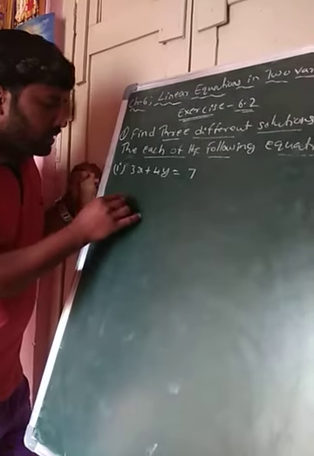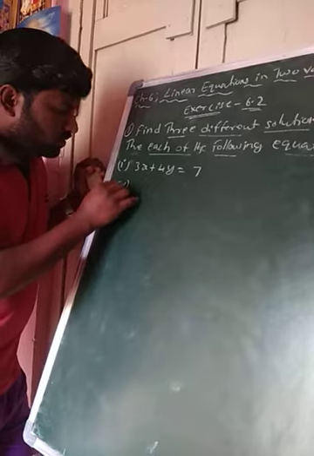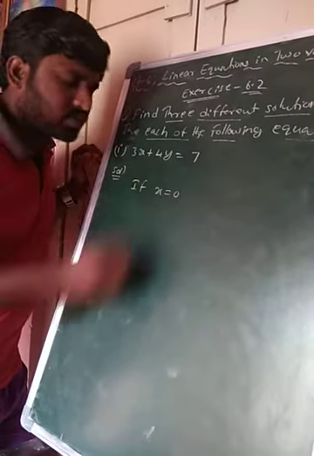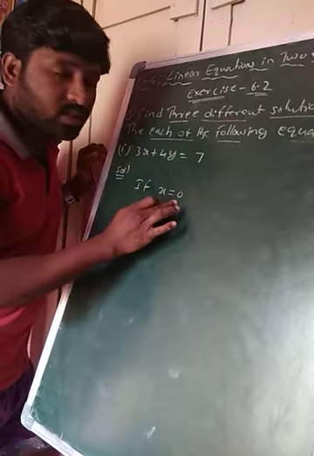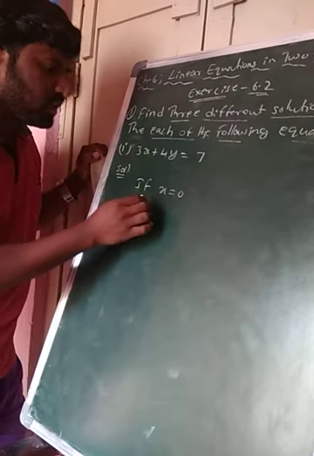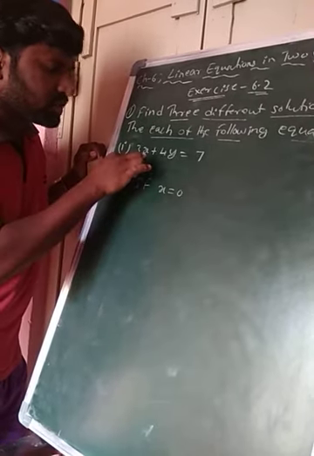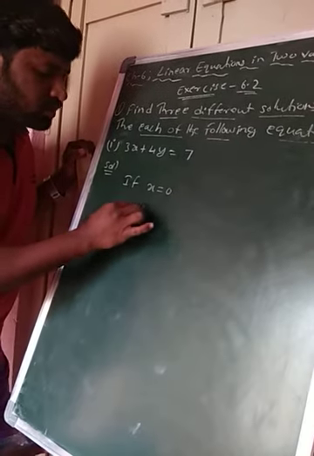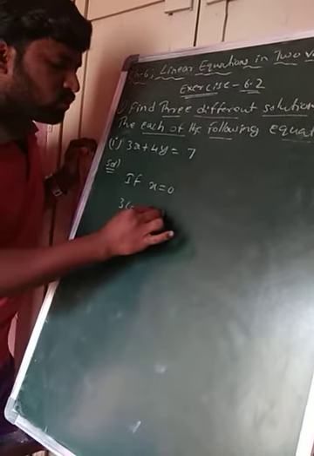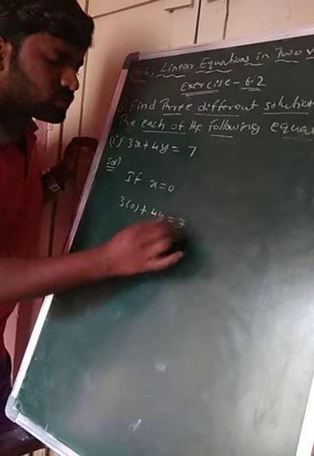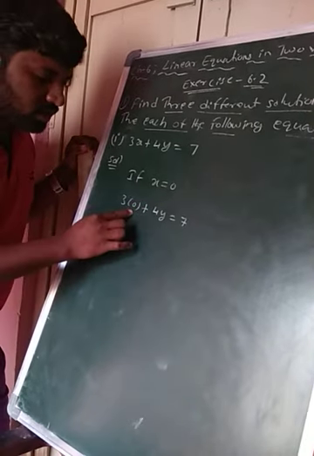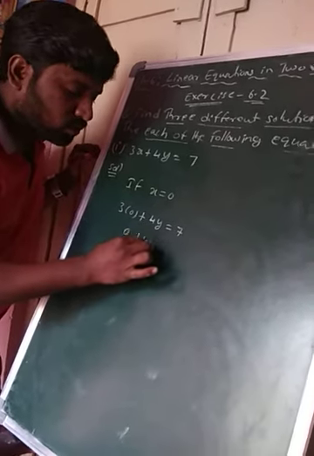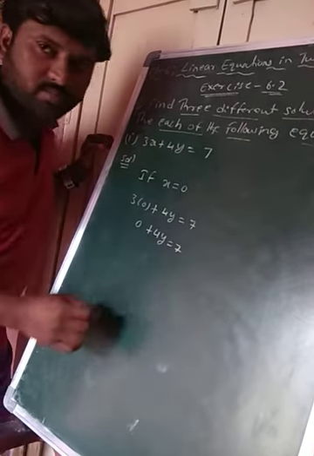I am taking x is equal to 0. If x is equal to 0, then I am going to substitute 0 in the place of x. Now 3 of 0 plus 4y is equal to 7. 3 of 0 means 0, plus 4y is equal to 7.